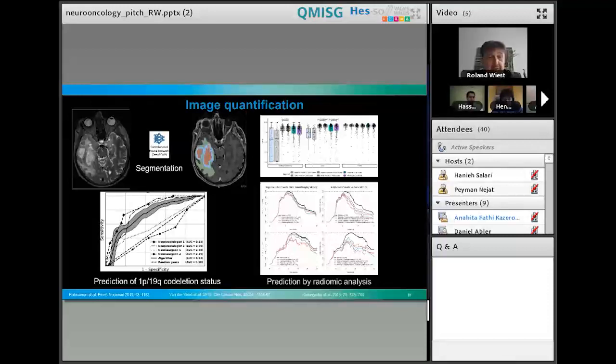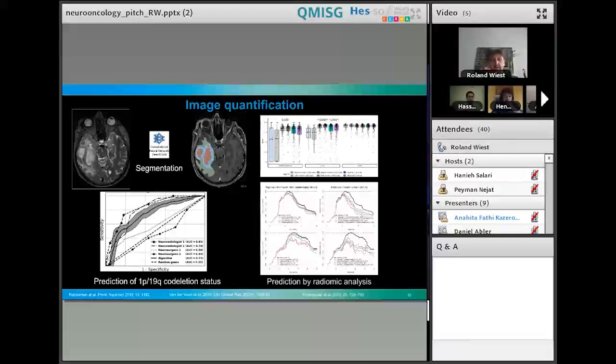And meanwhile, we reach the areas under the curve that go up to 0.8 and 0.9. So that means they're as good as human raters. And if you look at these features that I showed you previously, for example, like the calcification, like the sharp versus the blurred borders, and we put this into simple discriminators like support vector machines, then the results of this automated analytics reach, meanwhile, a level that is at the level of neurosurgical and of neuroradiological experience.